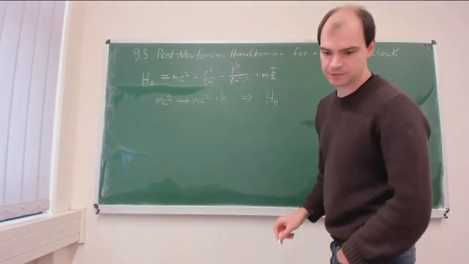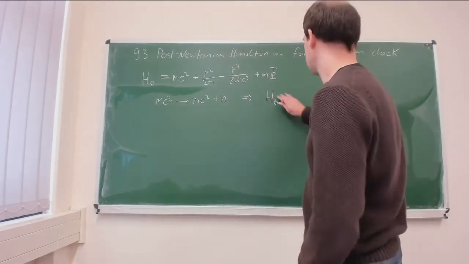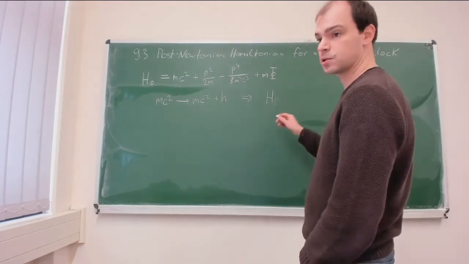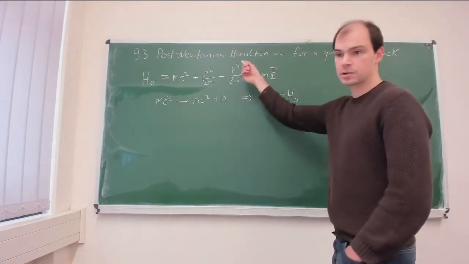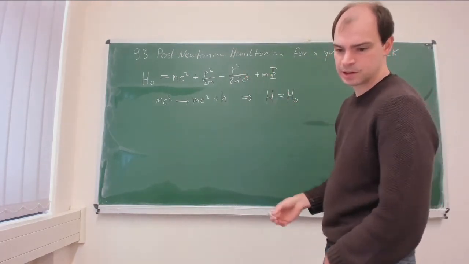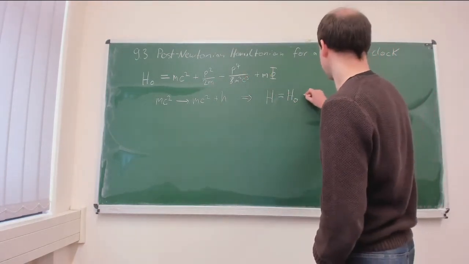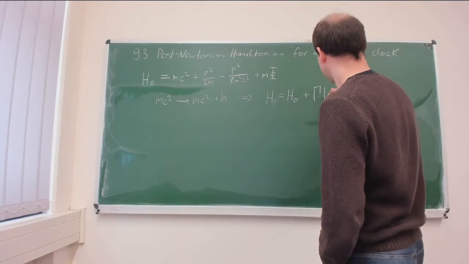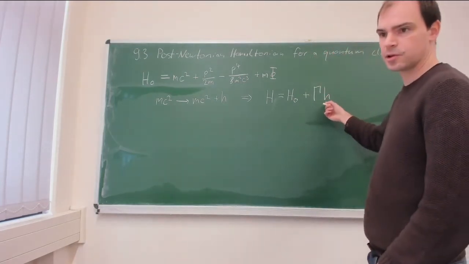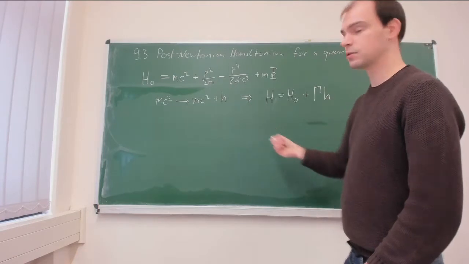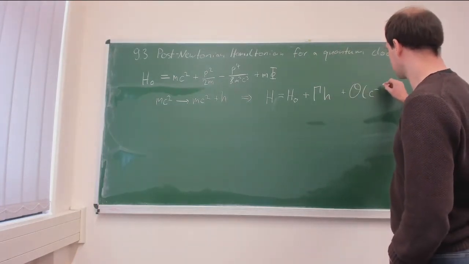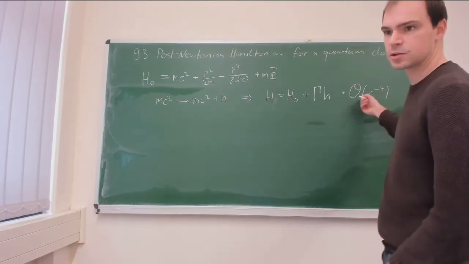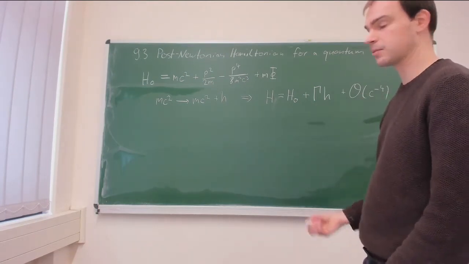you can effectively write the Hamiltonian. So you effectively find the Hamiltonian H. It is H0, which we had for the point particle, plus some term that is first order in this correction h. Again, plus higher order terms in the speed of light.